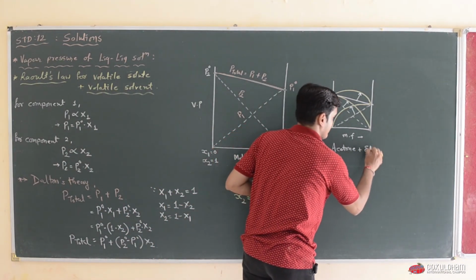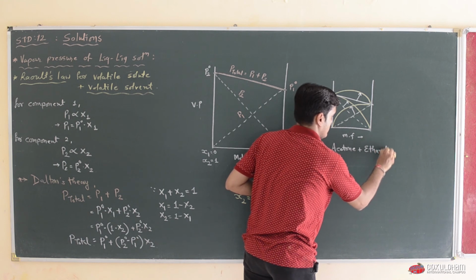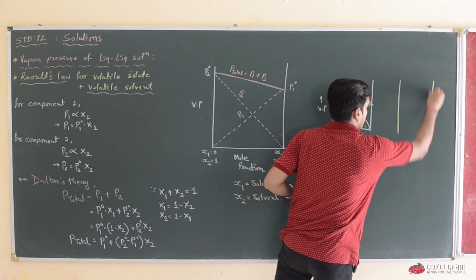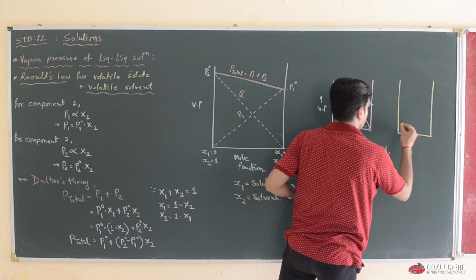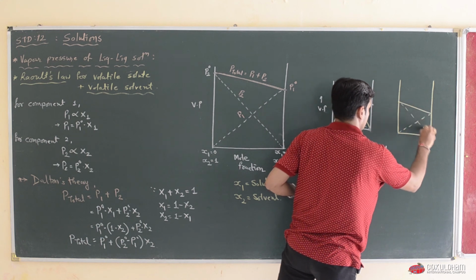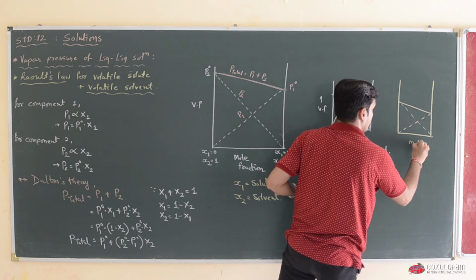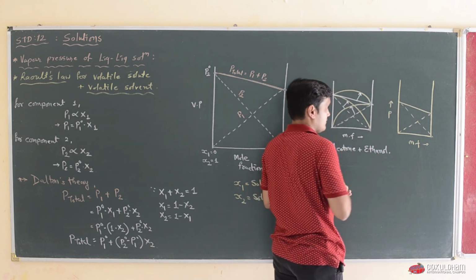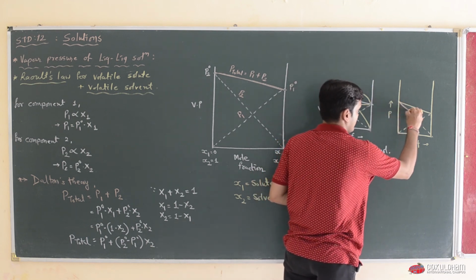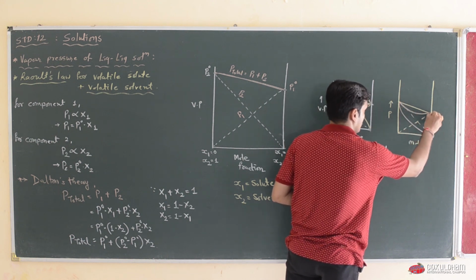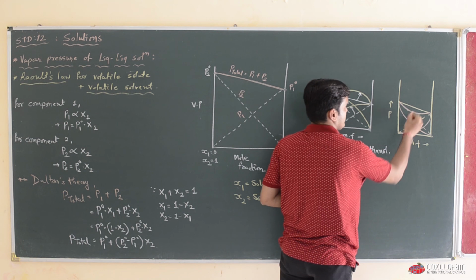Acetone plus ethanol, and in another case, mole fraction and pressure, and you will get a graph like this, all graphs in negative deviation.